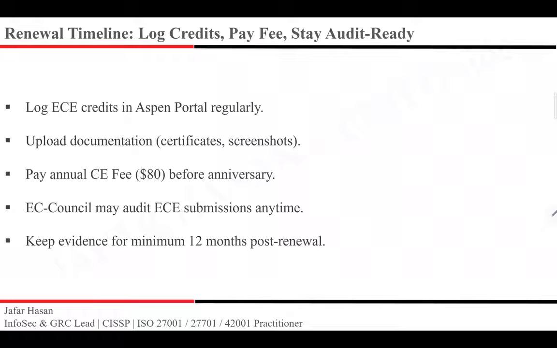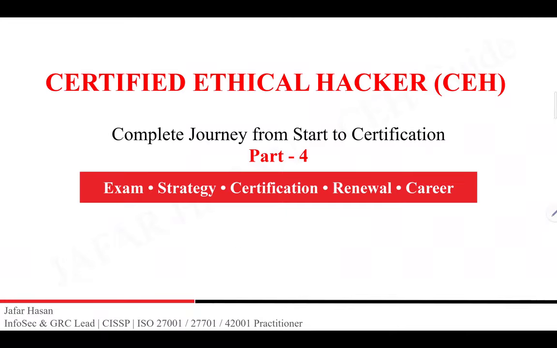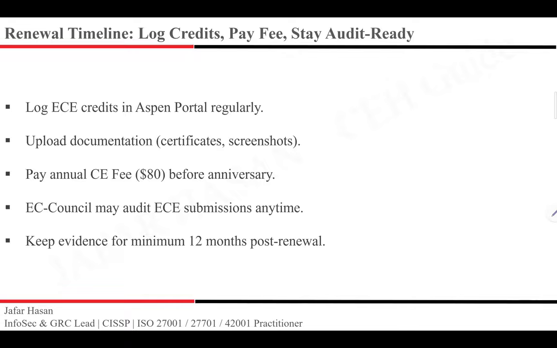All right, now that brings us to the end of this part. So in our CEH 2025 complete guide, in this session, you learned how to handle CEH Practical, how to manage your certificate and the ASPEN portal, and how to keep your ECE credits and renewals running without stress.